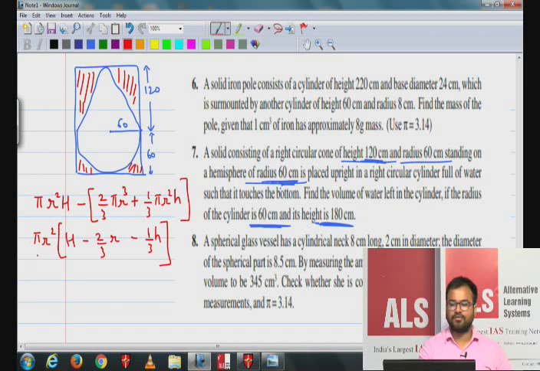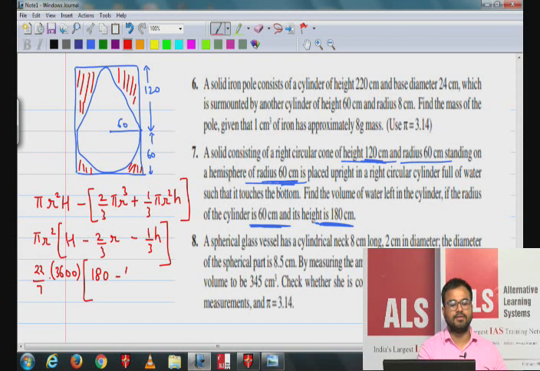Now for pi we can substitute 22 by 7. Radius is 60, so r square will be 60 square, which is 3600. The calculation is going to be large because the radius is 60. The height is the complete height of the cylinder, which is 180, minus 2 by 3 of r. Small r is 60, so that becomes 60 into 2, 120, divided by 3, that is 40.